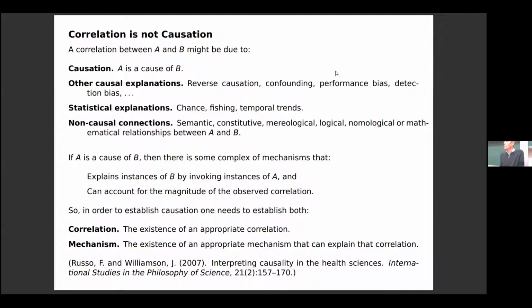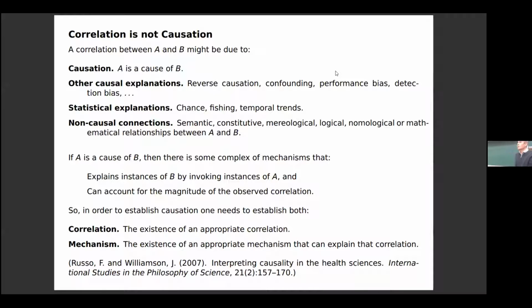It may be that A is a cause of B, or it may be due to reverse causation, confounding, or performance bias and other sorts of bias. There's a catalogue of bias on the internet that includes, I think I counted, 65 different kinds of bias. So there are many different possible explanations for a correlation.